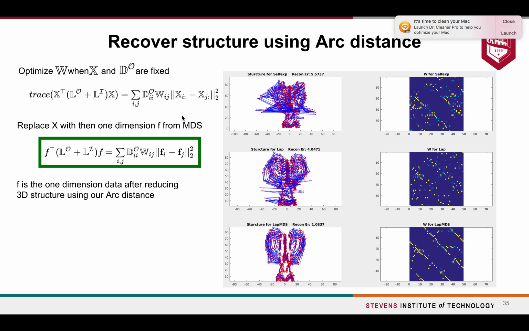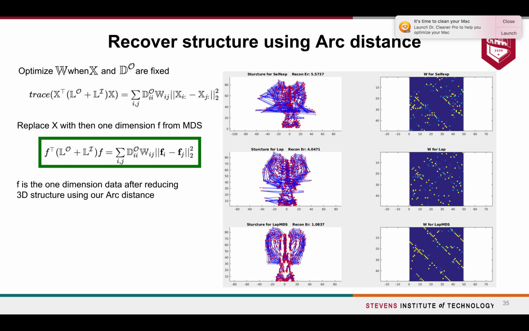Since the Euclidean distance cannot perfectly represent the pairwise distance, but our one-dimensional data from the arc distance is good, we replace X with the one-dimensional data f, and try to reconstruct the structure based on that.